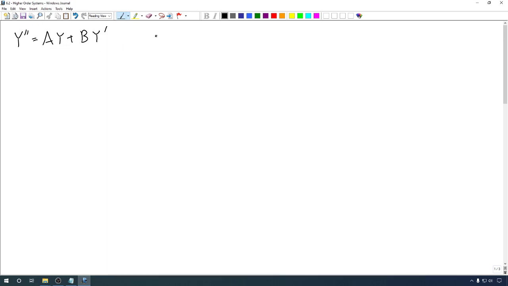If we were to write this out, maybe it'd be something like y1 double prime is a11 y1 through a1n yn, but then we also have b11 y1 prime through b1n yn prime. And then we have a whole bunch of these equations.